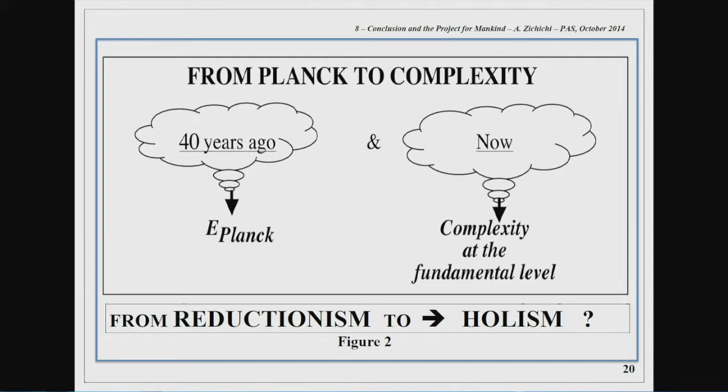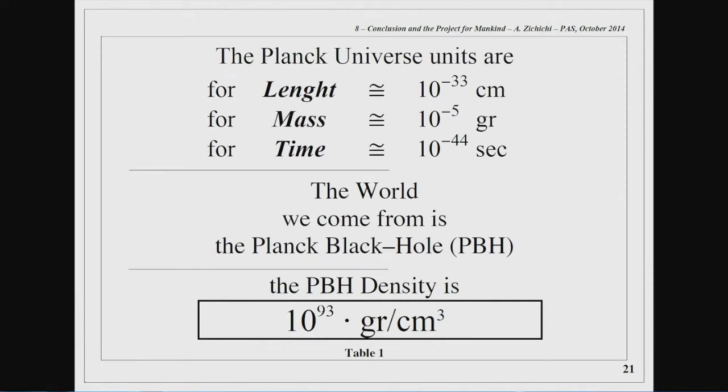Now, what is the new story to be seriously considered? Complexity at the fundamental level. Are we going from reductionism to holism? I say no, but we have to prove it. Why not? So let me give you the Planck universe units.